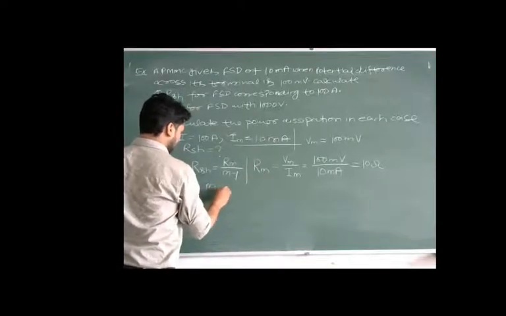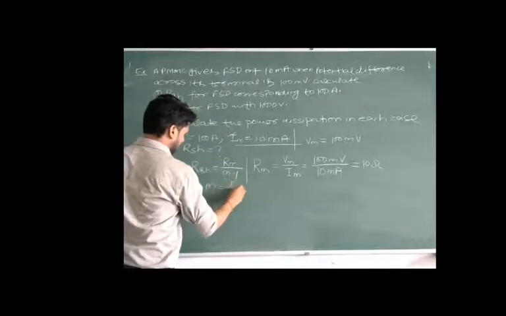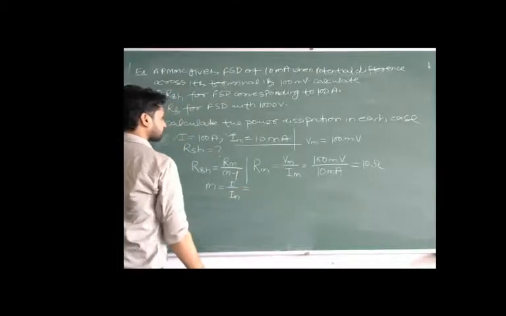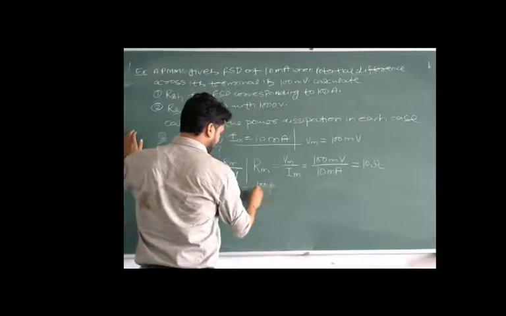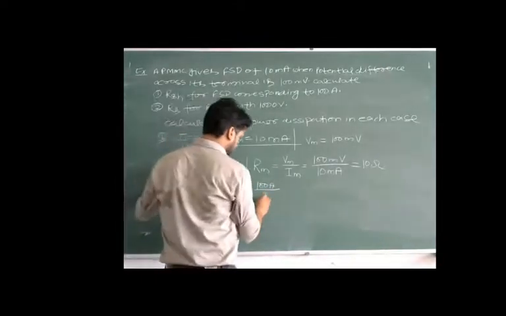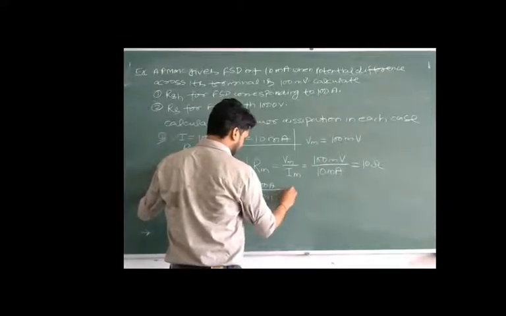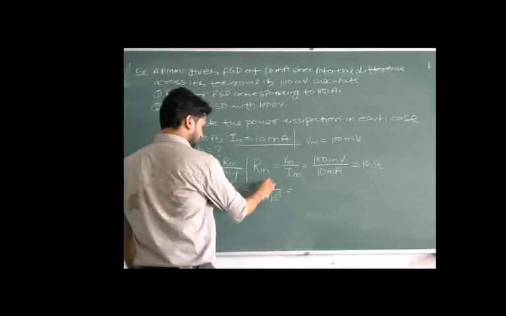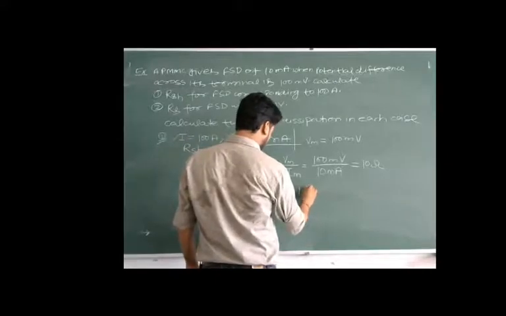Multiplication factor can be given as I upon Im. I is 100 ampere and Im is 10 milliampere, meaning 10 into 10 power minus 3. So the multiplication factor is 10 power 4.